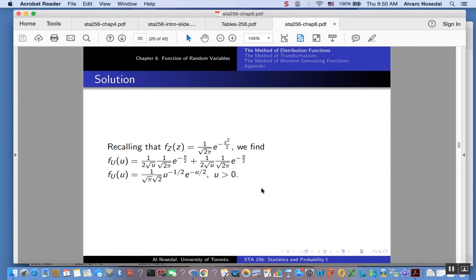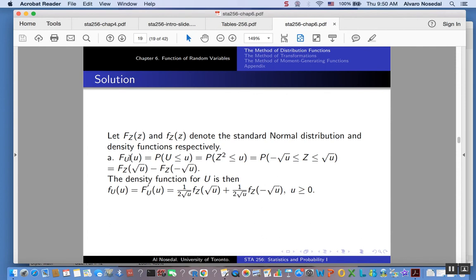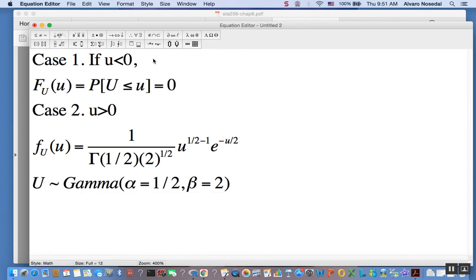And then what we do is just use the definition of the CDF in terms of an event, right? So the random variable being less than or equal to some number. We have to take into account both cases, meaning when u is less than or equal to 0 in this case, because in general we have to define the CDF over the entire real line.